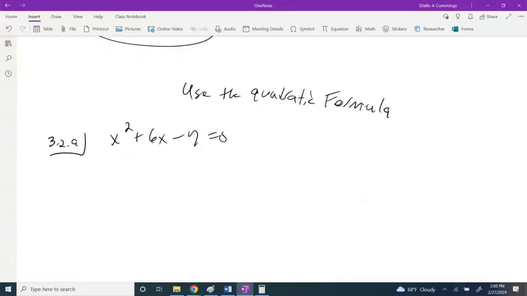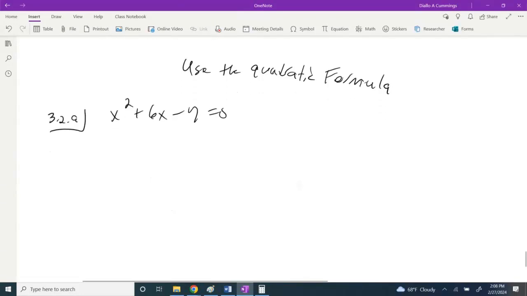Use the quadratic formula. Okay. So in order to factor and solve, factor and use the zero factor property, you need to put it in standard form. Also, to use the quadratic formula, your quadratic must be in standard form.